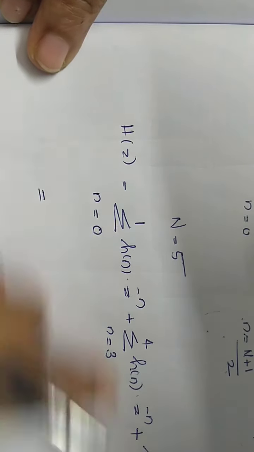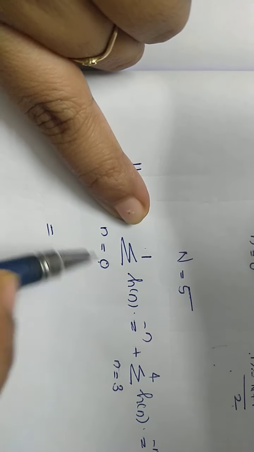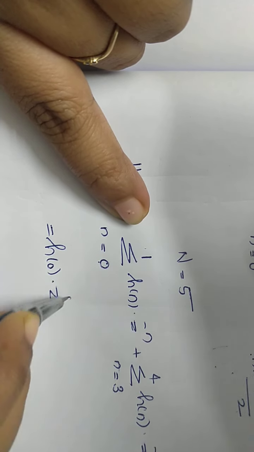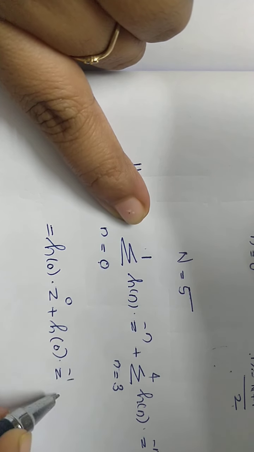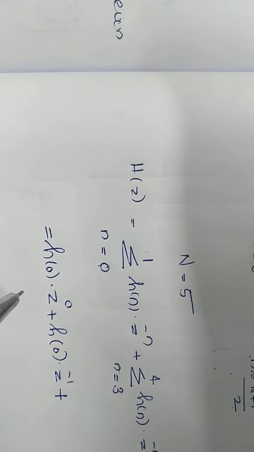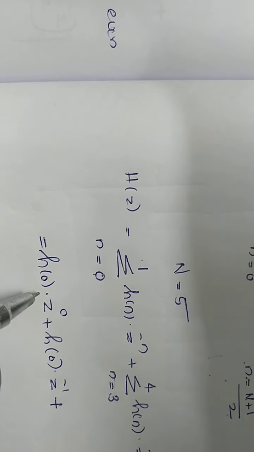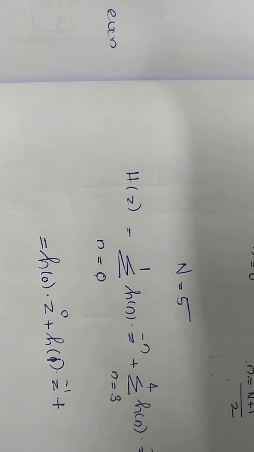Okay, so we are expanding this equation. Here n is equal to 0 and n is equal to 1, that is h of 0 z raised to 0 plus h of 1 z raised to minus 1.